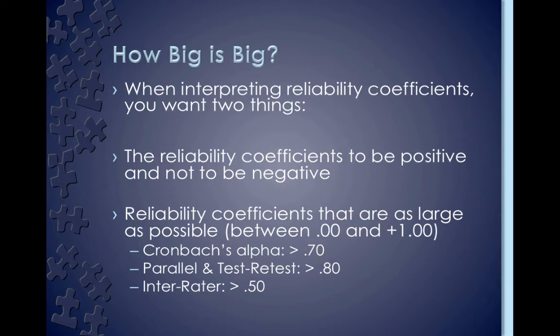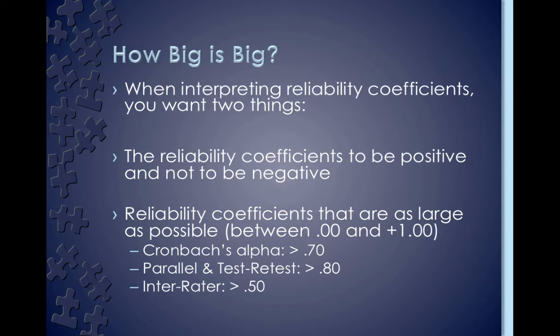What about parallel forms reliability coefficients? How do we determine that? Just like test-retest, Pearson's correlation coefficient. And can those be negative? They sure can, range from -1 to +1.